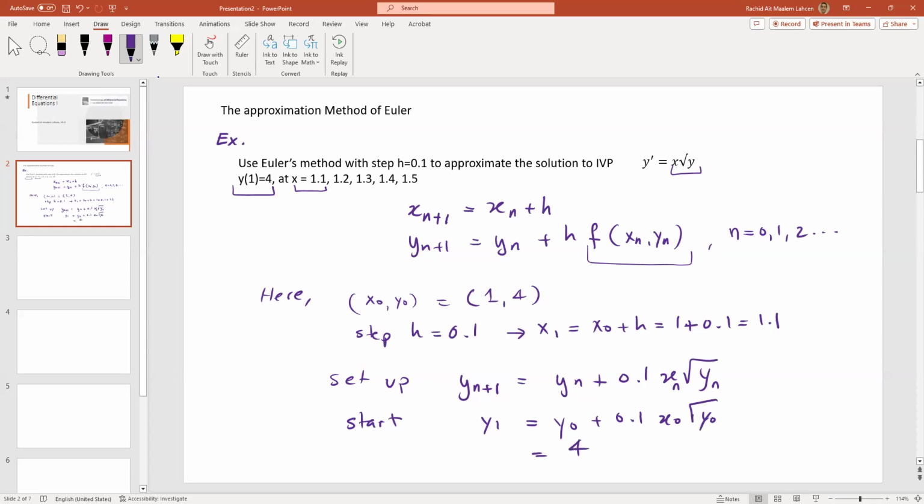The y0 from the point is 4, x0 is 1, and square root of y0 is square root of 4, which is 2. So 2 times 0.1 plus 4, we get 4.2 for y1. All right, so what is the next thing? The next thing is x2, which is given here.